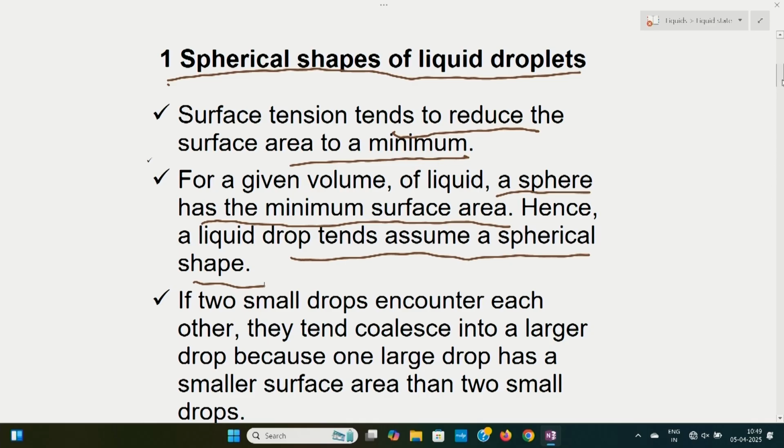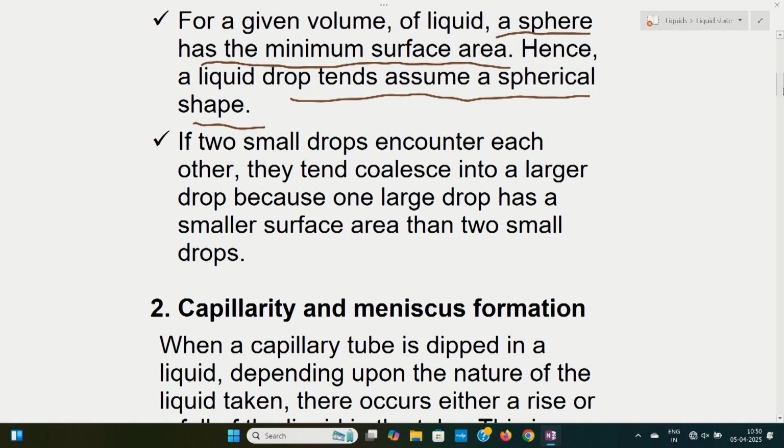If two drops encounter each other, they tend to join together and form a larger drop, because one larger drop has a smaller surface area than two small drops.